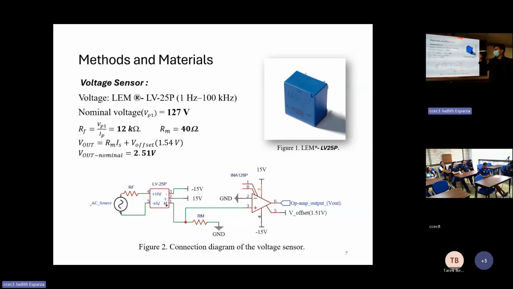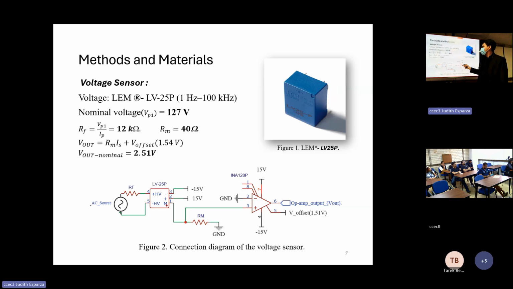Materials and methods. I use the voltage sensor, model ELA22P. This sensor has an accuracy of 1%, which is high accuracy. This is the model, and the nominal voltage is this one.